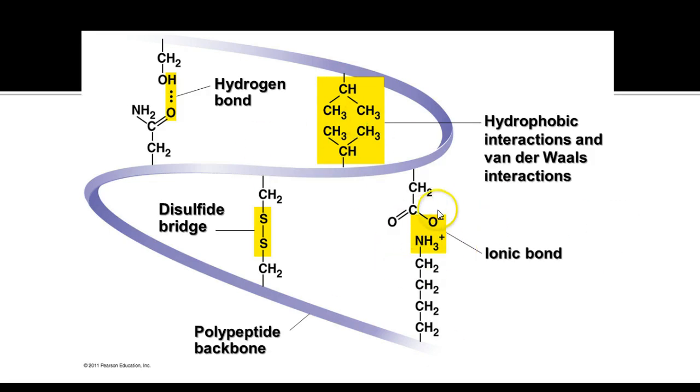We have ionic bonding that can occur between an amino group with an extra hydrogen and a carboxyl group that's lost its hydrogen to the amino group there. Disulfide bridges and so forth. So all of these things can affect the overall structure, the tertiary level of structure of the protein.